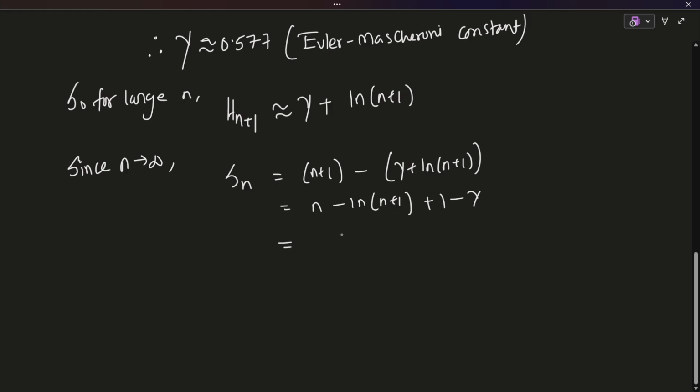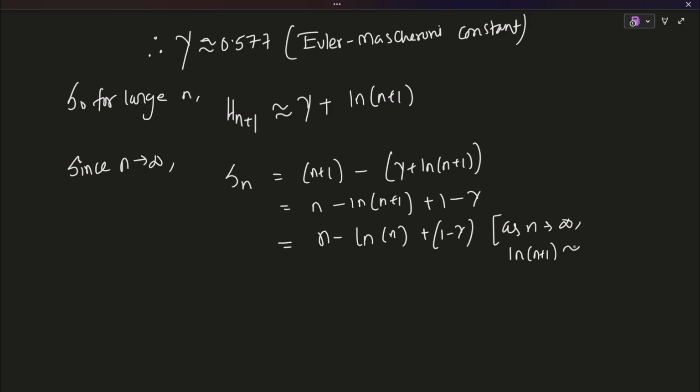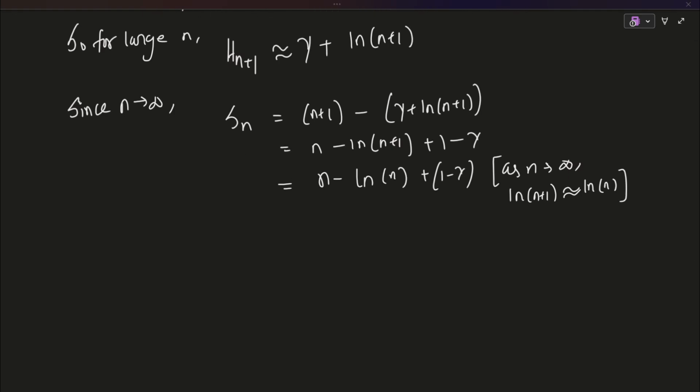But ln of n plus 1 is also ln n because n tends to infinity. As n tends to infinity, ln of n plus 1 is approximately the same as ln of n, because n is so large that it does not make a difference. Okay, so this is our sum Sn.